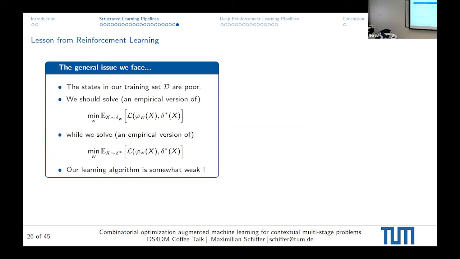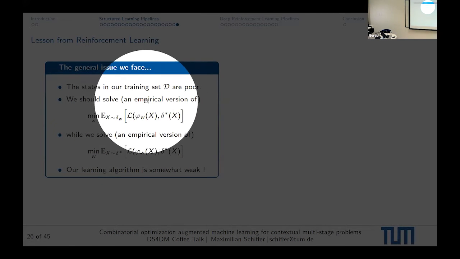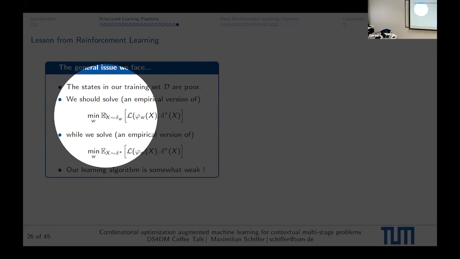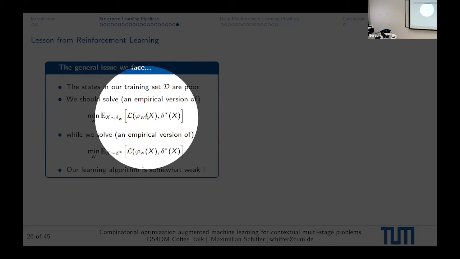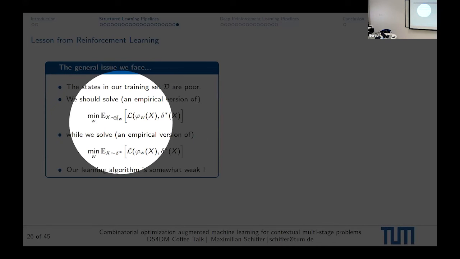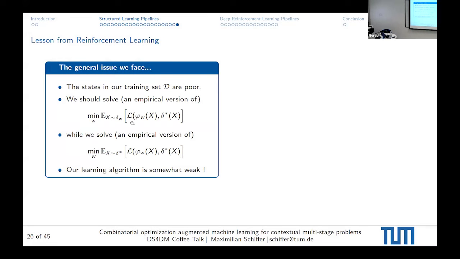If you think about it more from an MDP reinforcement learning perspective, what you would like to do is this: minimize some expectation over a loss, over some states, where the states are sampled from multiple policies.